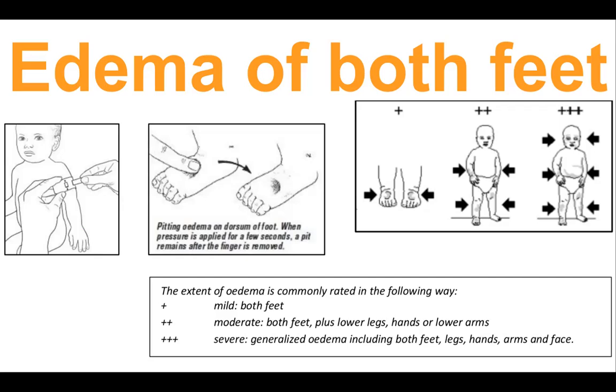It's commonly rated in the following way. 1+ is mild edema of both feet, but 2+ means the edema has extended to lower legs, hands, and lower arms. If the edema extends to the hands, the arms, and the face, this is severe edema and is graded 3+.